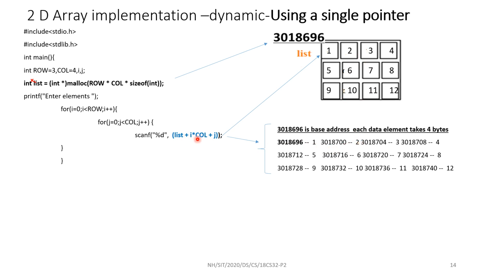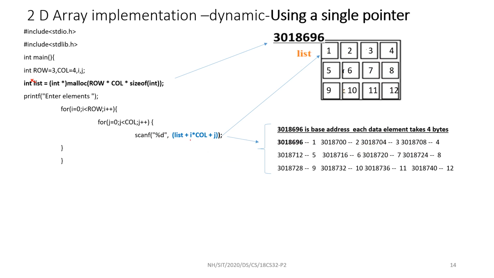Next, j is incremented by 1. J is now 2. I value is still 0. 0 into col plus 2, that is 2. 2 into 4 is 8. Again, that is added to list: 3018696 plus 8, that is 3018704. This is right.